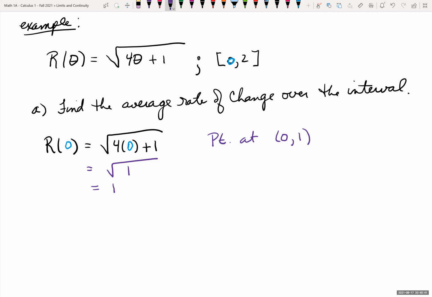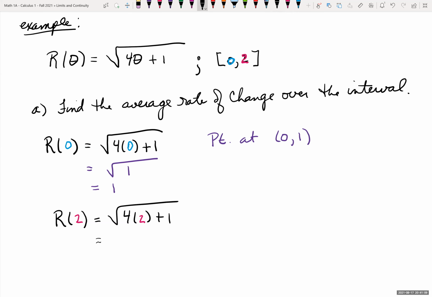Now I want to plug in 2. So I want to look at what's r of 2. And wherever I see a theta, I'm going to put first a parentheses, and then I'm going to go back in and plug in 2 wherever I have that parentheses. So order of operations, simplify underneath the radical first.